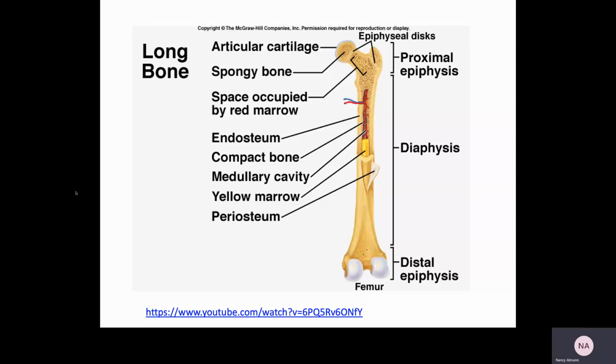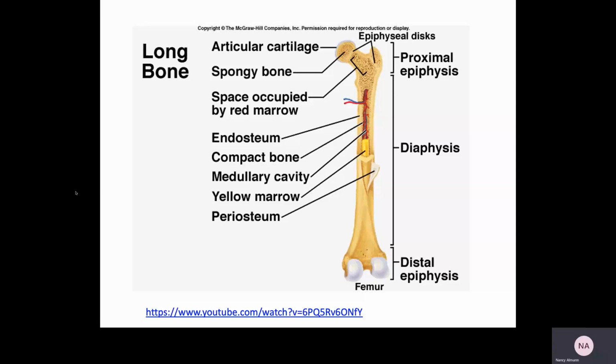There are a couple of other elements that you need to know about. And let's start with the term that is the top term in the list on the left, articular cartilage. When you talk about bones, the ends will all have articular cartilage on them, and that is going to be specifically hyaline cartilage.